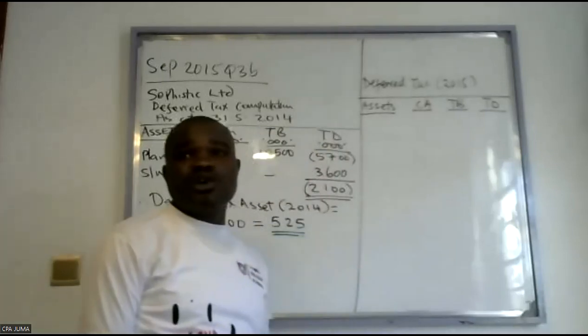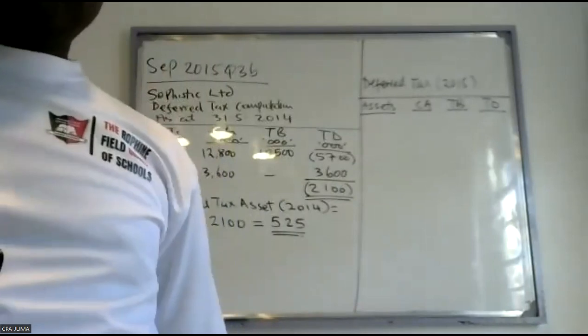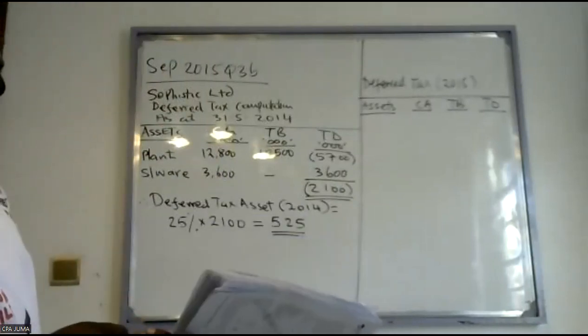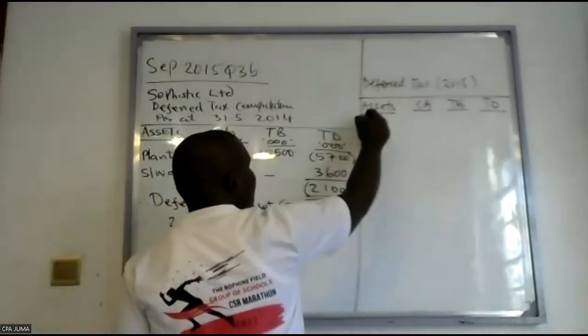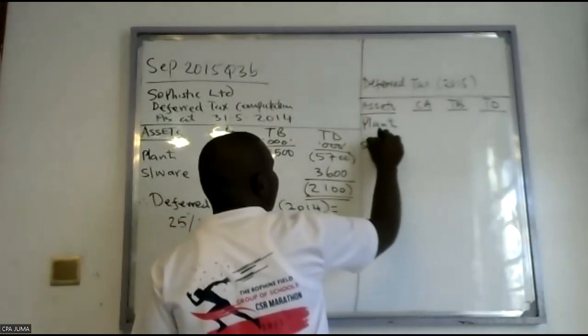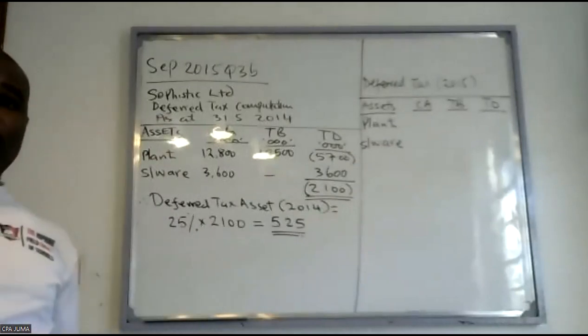You can use the initials because it is just a working to help us get the deferred tax for 2015 so that we can come up with the deferred tax account. So, plant and software.